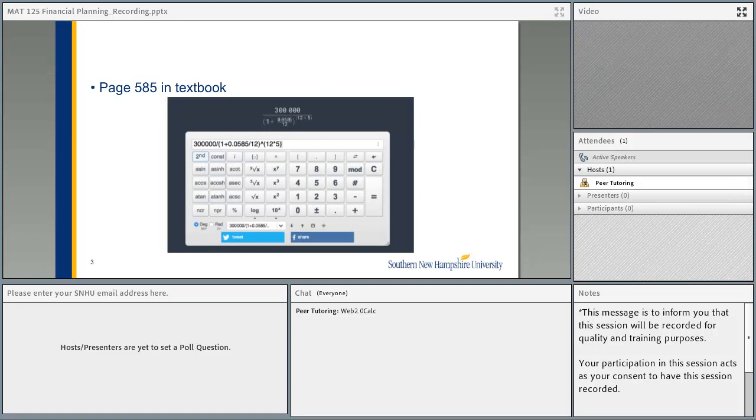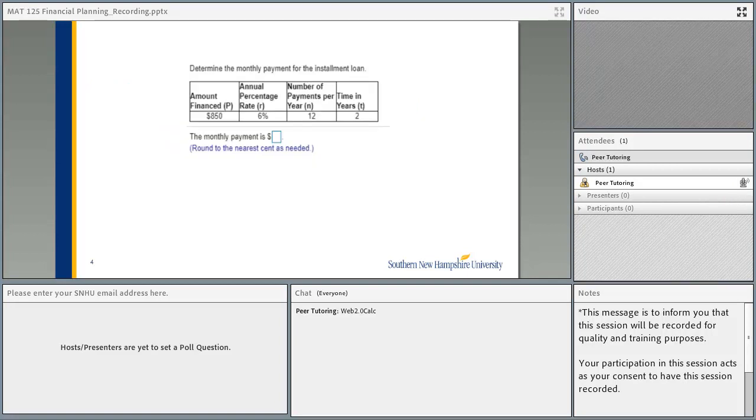So I'm going to take you through the steps for different types of problems and how to enter them into the calculator. The first type of problem is trying to determine the monthly payment for an installment loan. So we're going to be given different information, and I'm going to write this in the chat. We've got P is going to be $850. The rate is going to be 6%.